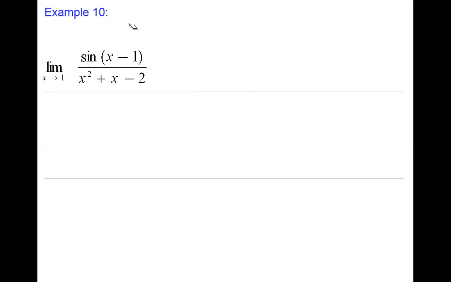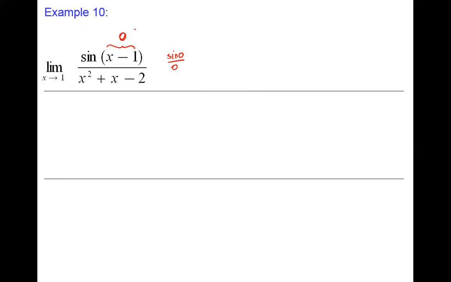Okay? That means I have sine at 0, and substituting 1 in the denominator, 1 plus 1 minus 2 is 0. That means it looks like sine at 0 over 0, which must be 1, but what I have to do, I have to really see the identical 0, because this is 0, it's good.